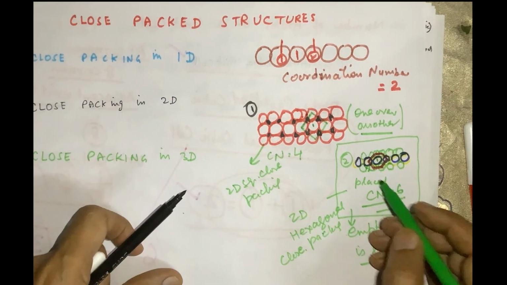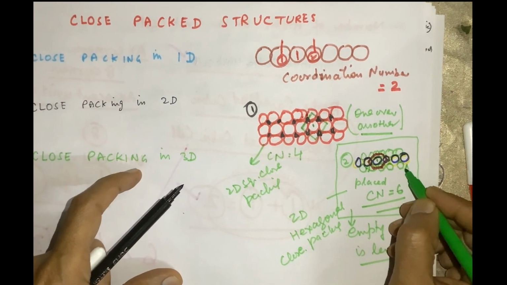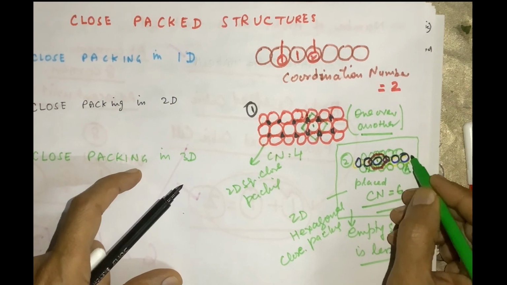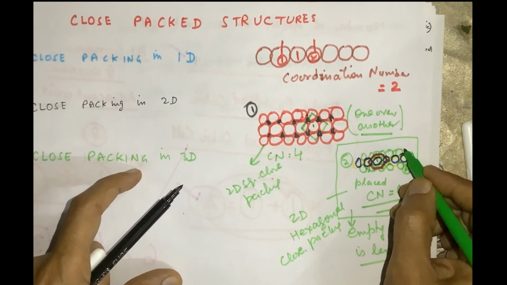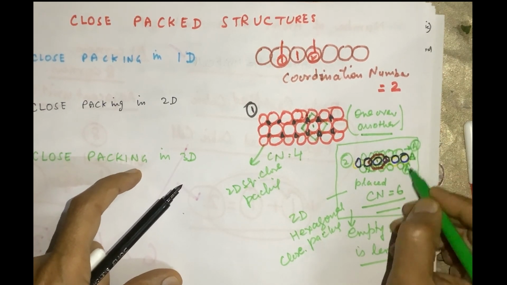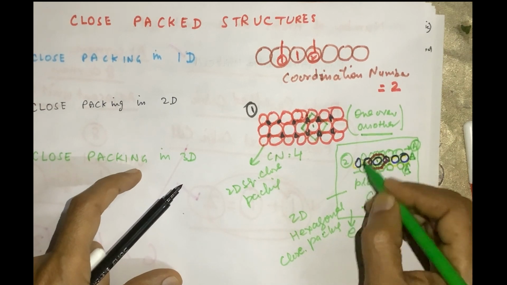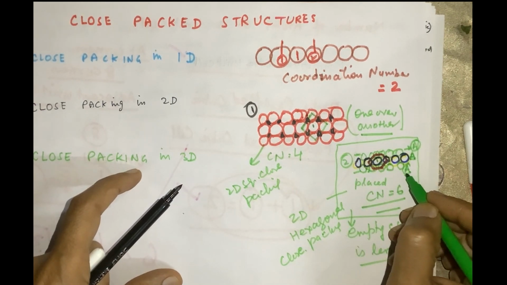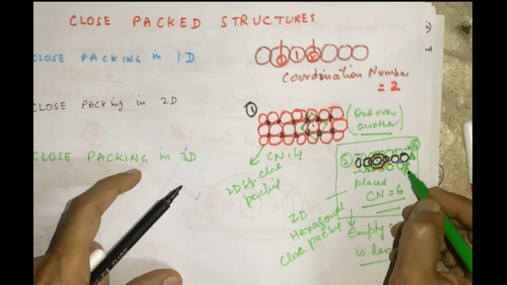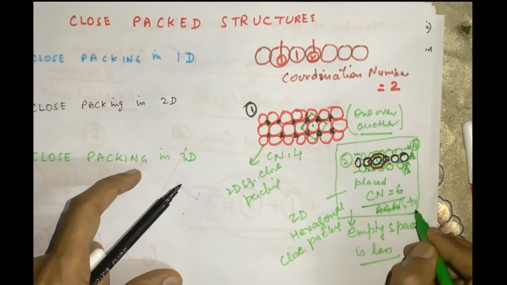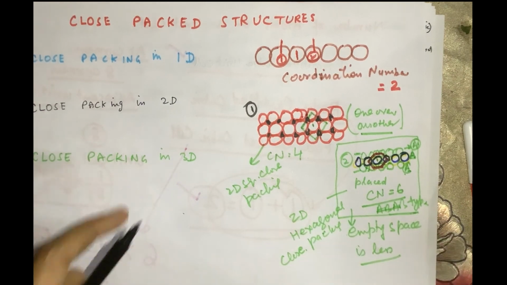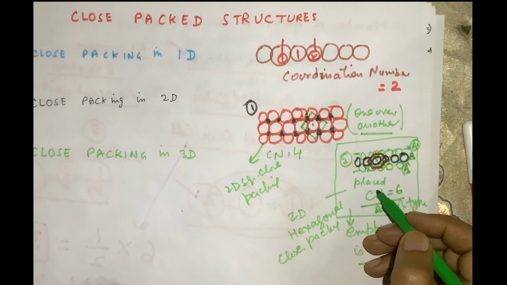And if we call this row A, this is B, then again this row will be of A type. These first and third rows will be the same at the same places. So A, B, A. This is called A, B, A, B type.